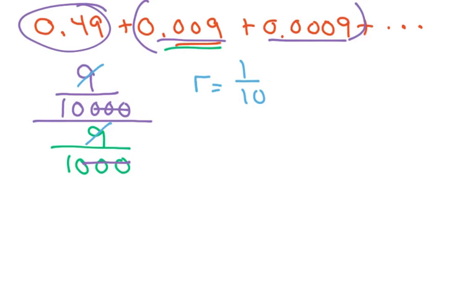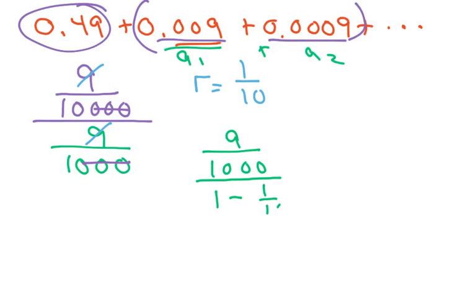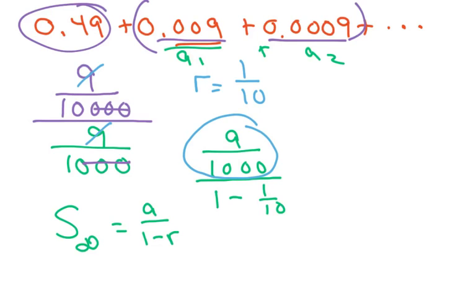Now I take my first term, which is this one, and this one is my second term. So I have 9 over 1,000 divided by 1 minus 1/10, using my formula. This is my first term, and I'm subtracting 1 minus my common ratio.